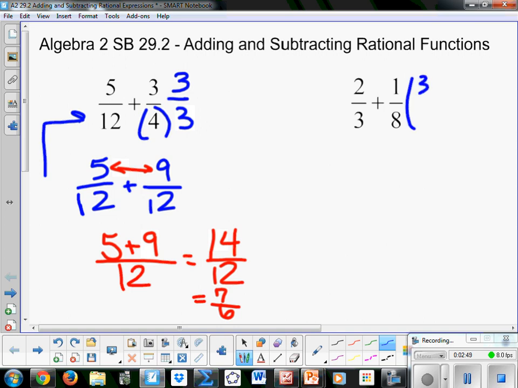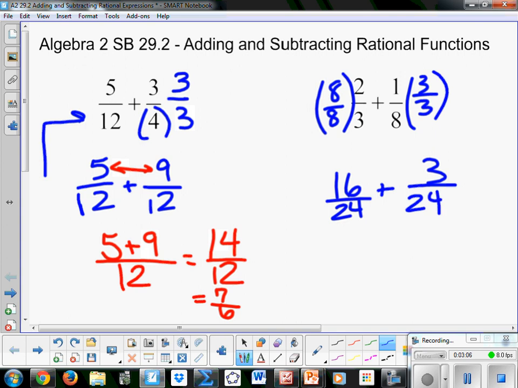So we actually have to multiply each of these by the corresponding fractions that we need to get our denominator equal to 24. Okay, so we end up with 8 times 2 is 16 over 24 plus 3 over 24. Add those up. We have 16 plus 3 over 24 equals 19 over 24.